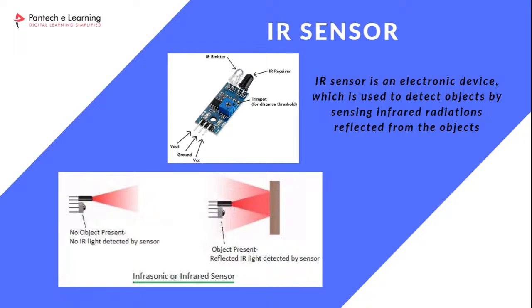When a specific positive voltage is applied across that transmitter LED, it transmits the IR rays. If these rays fall on some object, they reflect back and are received by the receiver photodiode. The receiver diode generates a voltage across its terminal which depends on the intensity of light reflected by that particular object.